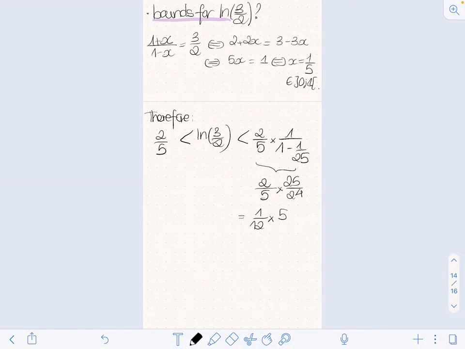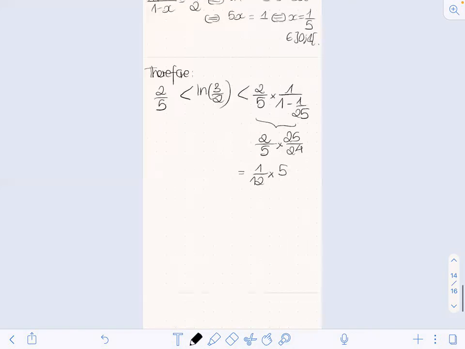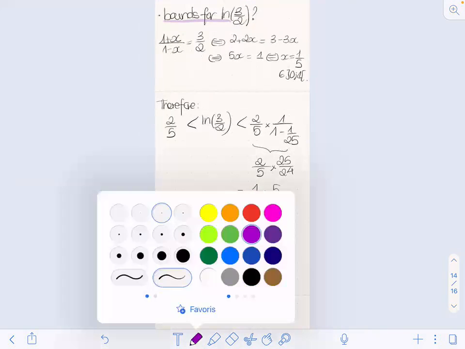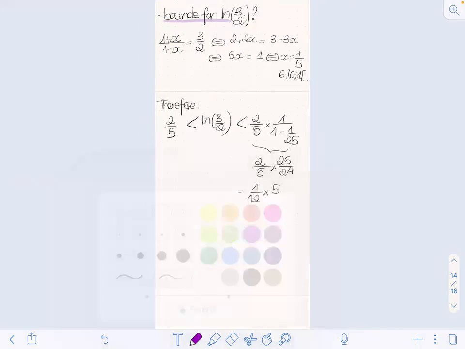Oh yeah, it is. And what we conclude from this is 2/5 is smaller than logarithm of 3/2, smaller than 5 divided by 12.